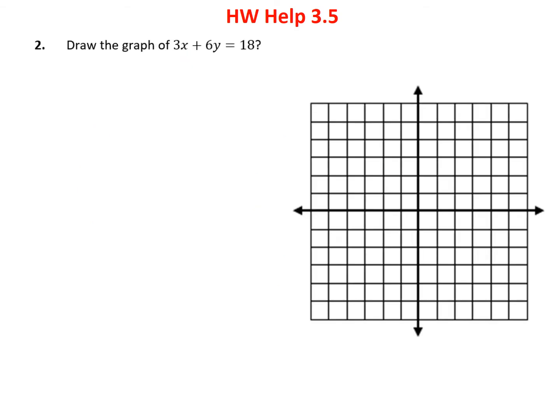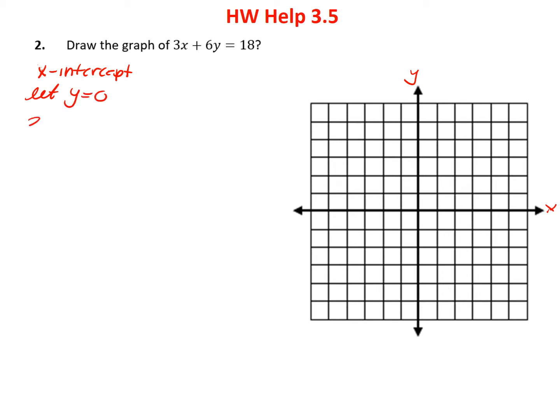For problem 2, we're going to apply what we learned in problem 1 to draw a graph. In other words, to draw this graph, if we can find where it intercepts the y-axis and the x-axis, that'll give us 2 points and we can draw the line. So let's start by finding the x-intercept. To find the x-intercept, I let y equal 0.